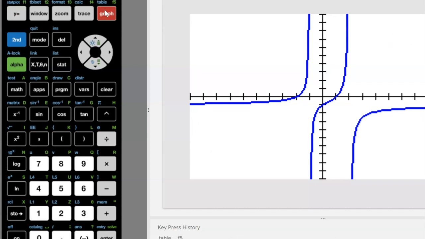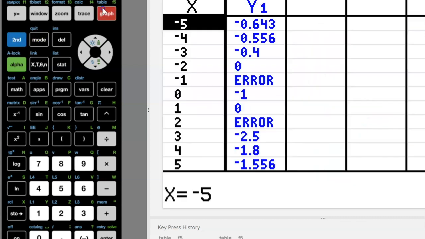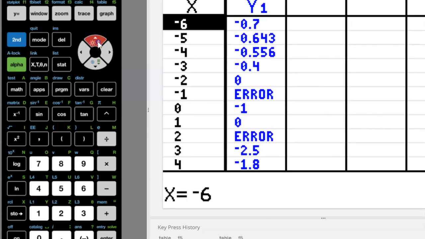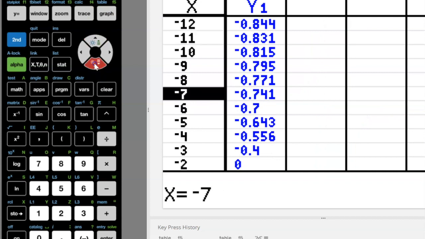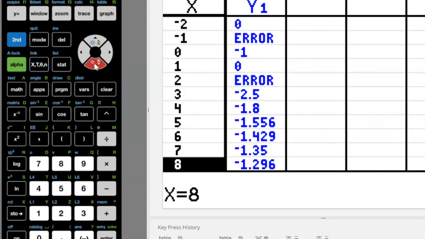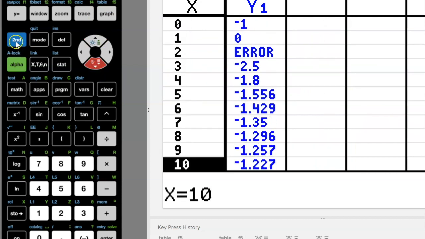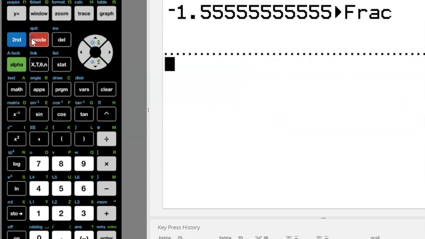Now, something that you should definitely consider is if you press second graph and you take a look here, you can find a bunch of values that you could use to check some points if you want. And remember that if you're saying, well, what would something convert to as a fraction, you could always press that fraction, like -1.555555.